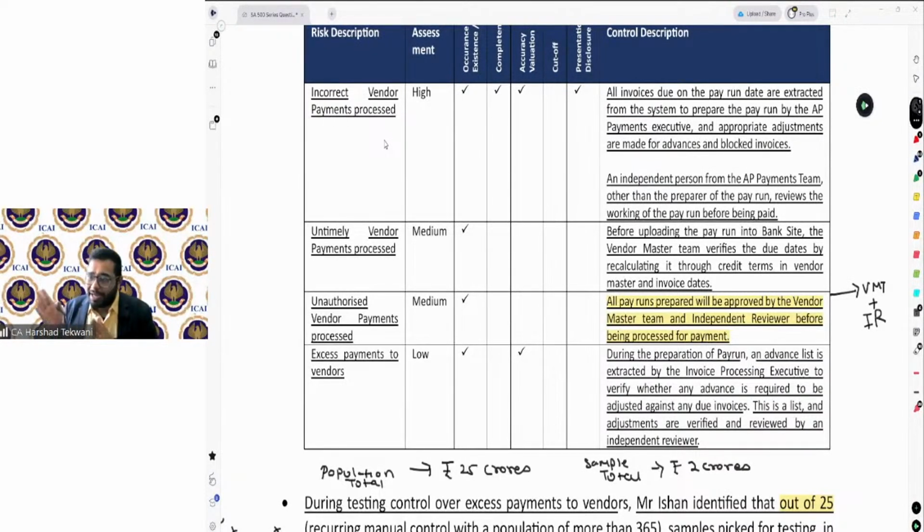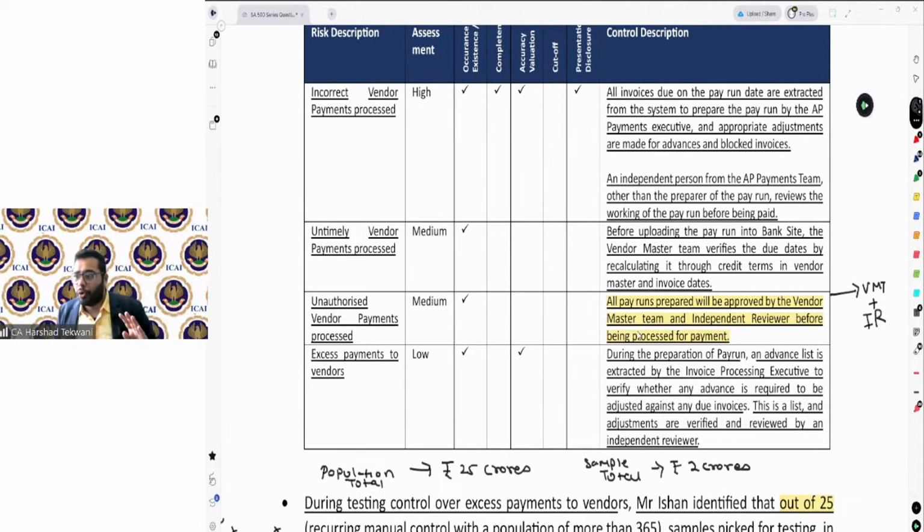So a mitigating control is there from which, to some extent, I'm getting comfort. That's why I gave this risk assessment detail. When unauthorized vendor payment processing is a risk on occurrence or existence, I agree, and that's why there is an approval control on that.